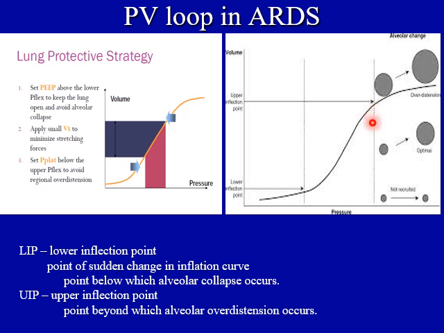So we have to keep the positive end-expiratory pressure near or just above the lower inflection point, and your pressure control at this point, just below the upper inflection point. This helps in achieving normal oxygenation of the lungs and also preventing atelectrauma.